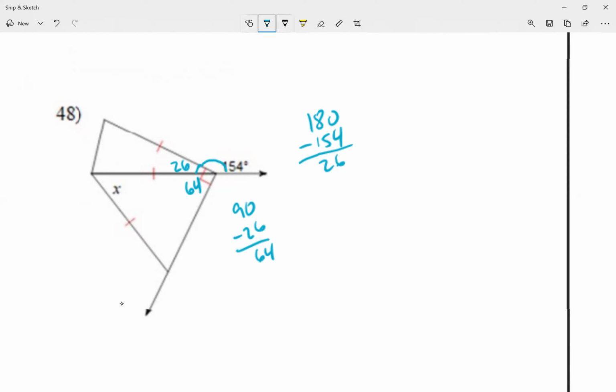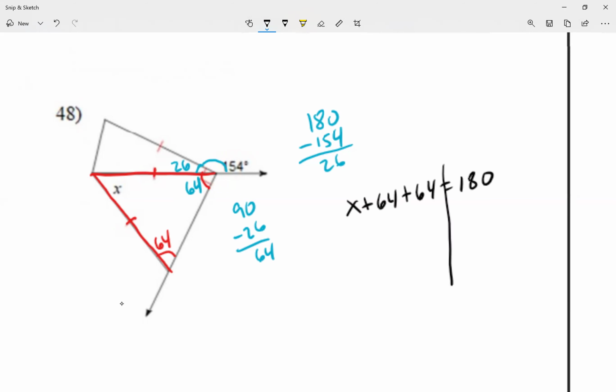Ooh, interesting though. Now I see this side and this side are marked the same way. Let me mark the two opposite angles, the angles opposite from each side. Oh, one of them is 64, the other one is 64 as well. I can solve for x now because I see that triangle. The three angles always add up to 180. So I'm going to write x plus 64 plus 64 equals 180.